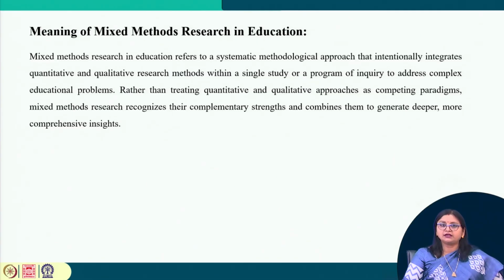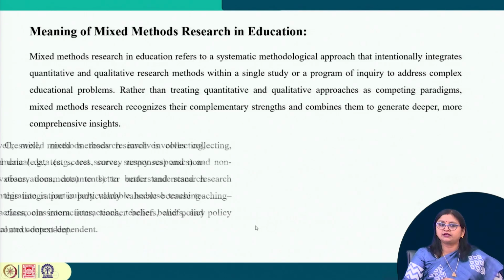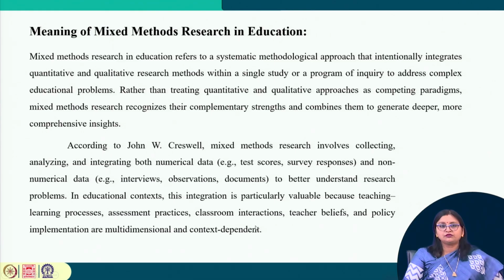Rather than treating quantitative and qualitative approaches as competing paradigms, mixed method research recognizes their complementary strengths and combines them to generate deeper and more comprehensive insights. According to John W. Creswell, mixed methods research involves collecting, analyzing and integrating both numerical data like test scores and survey responses, and non-numerical data like interviews, observations and document analysis to better understand the research problem.